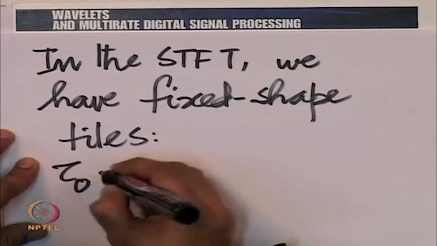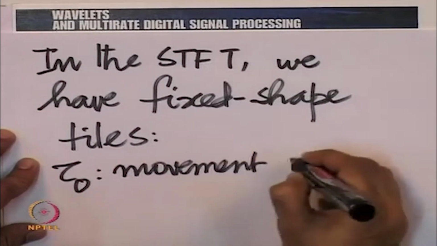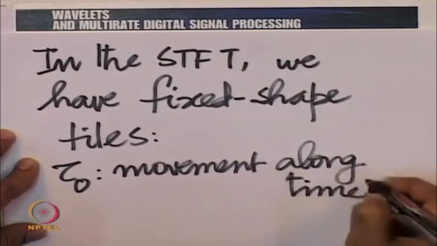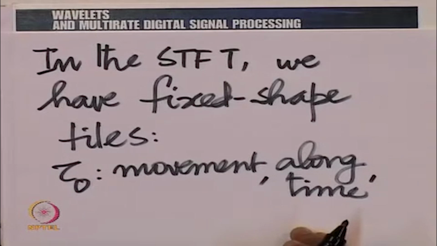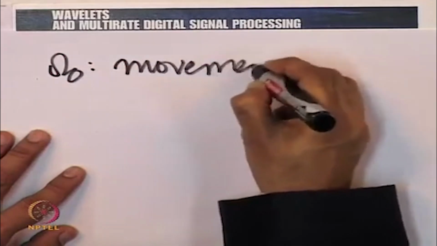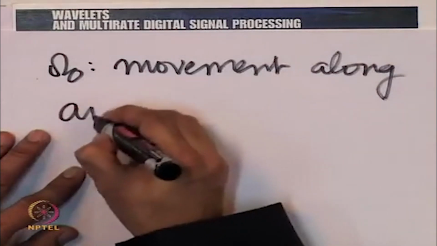Tau naught is a movement along time. And simultaneously, omega naught is a movement along frequency or angular frequency, if you please.